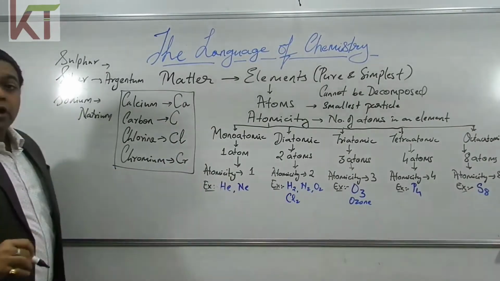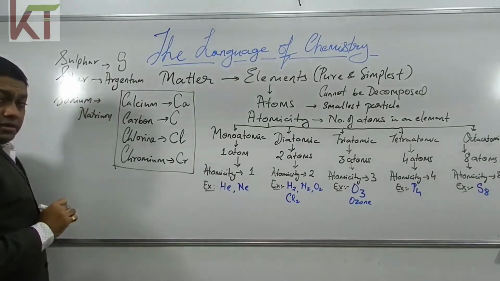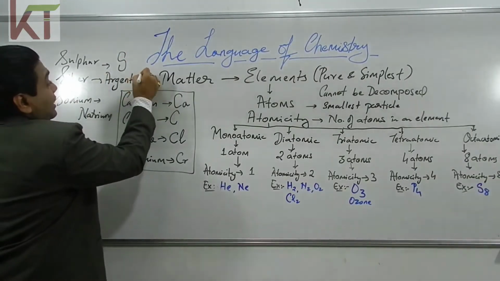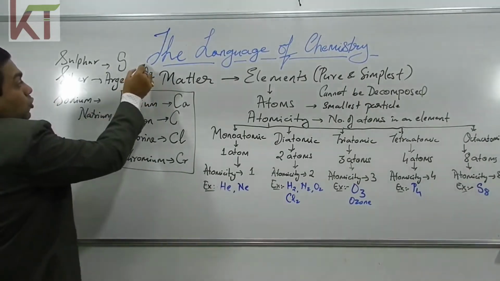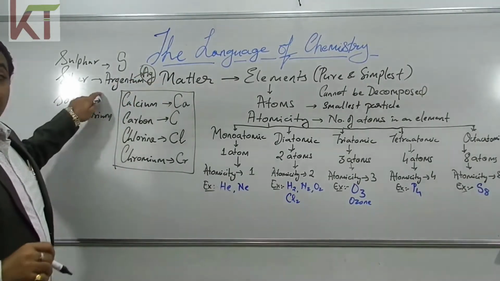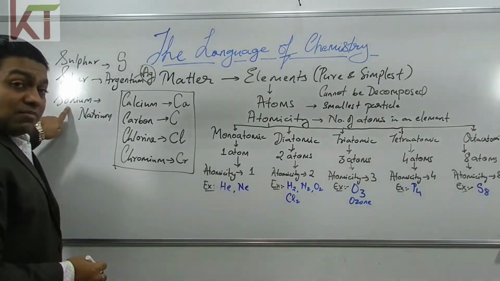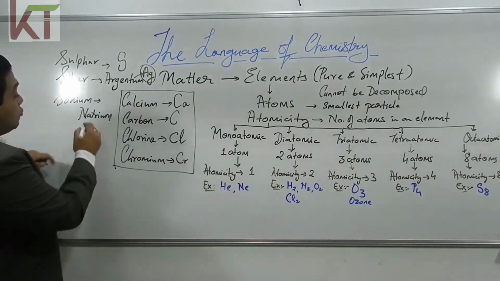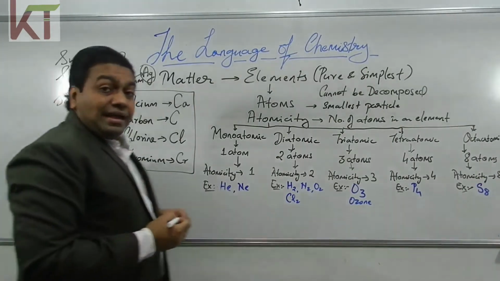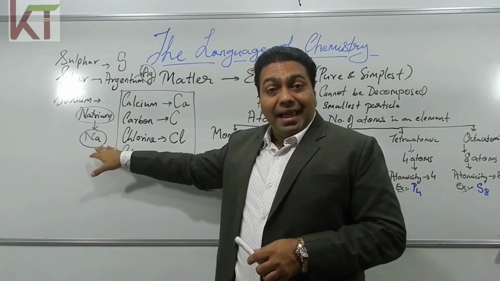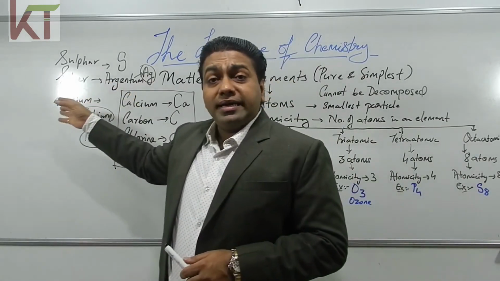So therefore, I symbolized sulfur as S only, but silver I symbolized with the Latin name argentum as Ag. In a similar manner, for sodium, I used the Latin name and the symbol came to be Na. Sodium, natrium, Na. So there were so many different elements which were known by their Latin names.